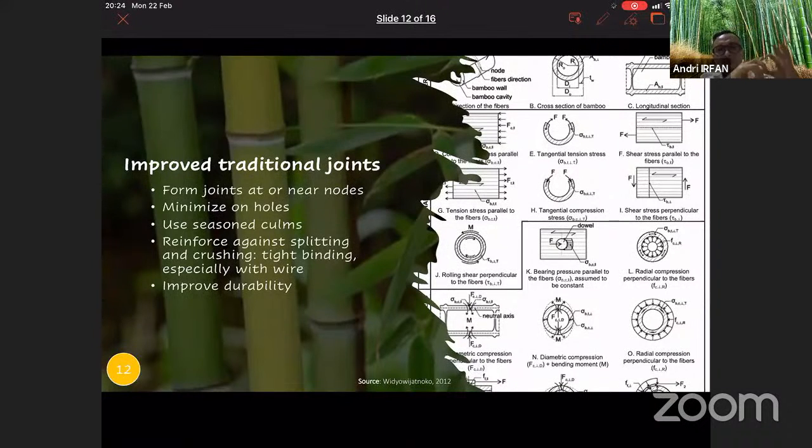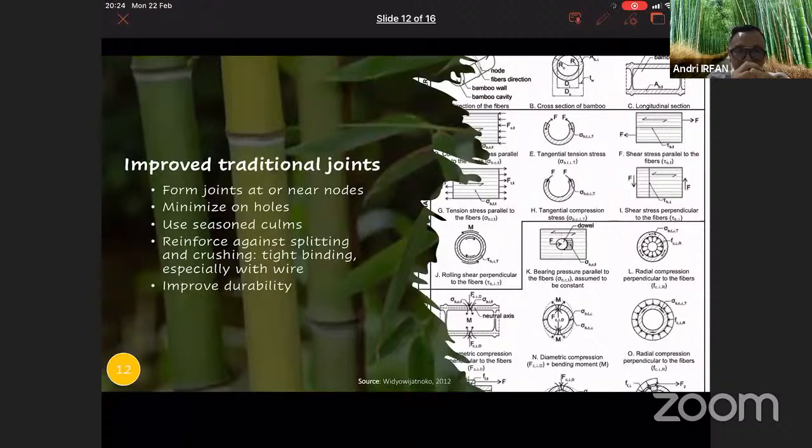Wire is very good for resisting splitting. With the perfect wiring, I think it's very good to resist splitting.